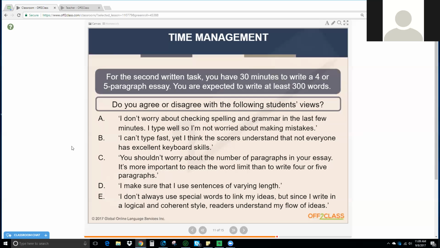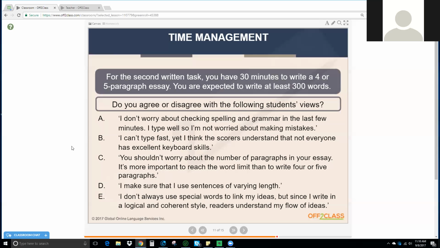I'm kind of torn on this, we'll see what our material says about this, because in natural native English speaking and writing, we don't always use the special linking words. We use them part of the time, most of the time even, but not every single time.